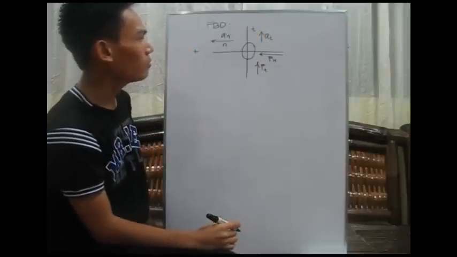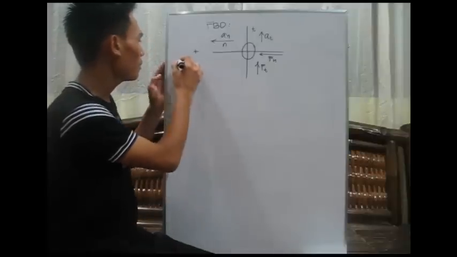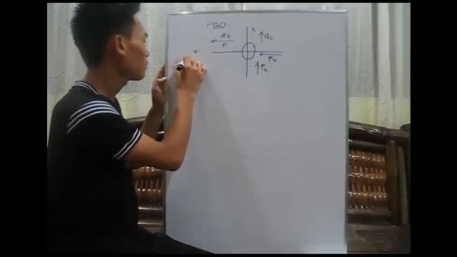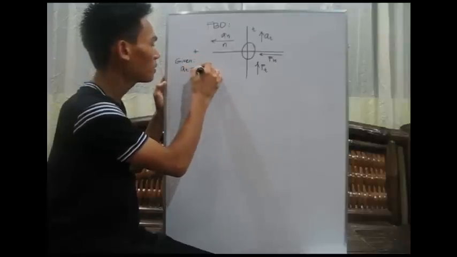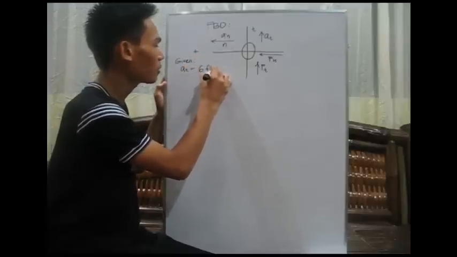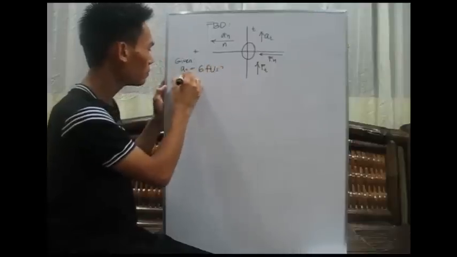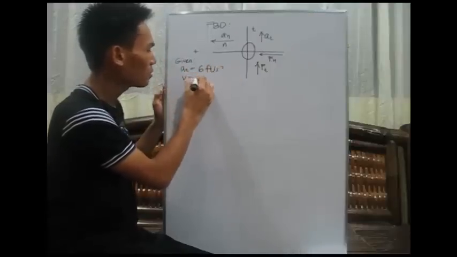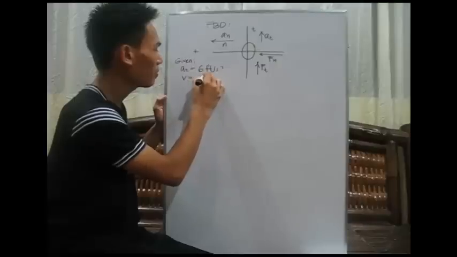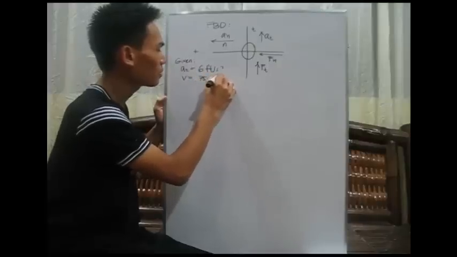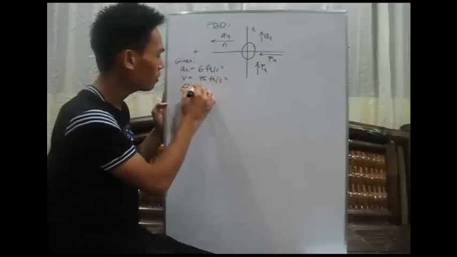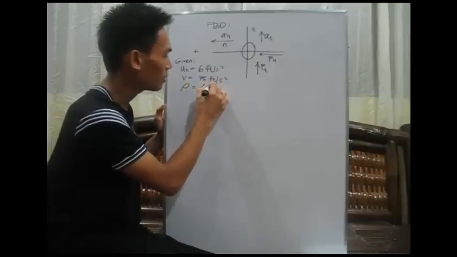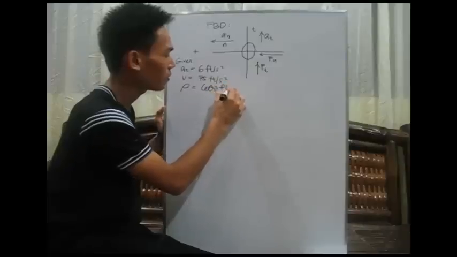In the problem, we have already been given the value of at, which is 6 feet per second squared, the value of v, which is 75 feet per second, and the value of rho, which is 600 feet.